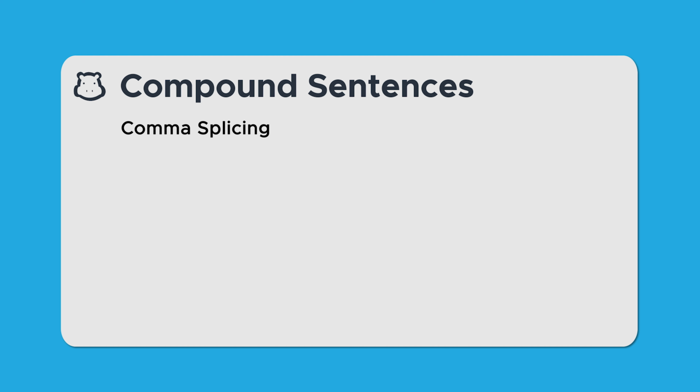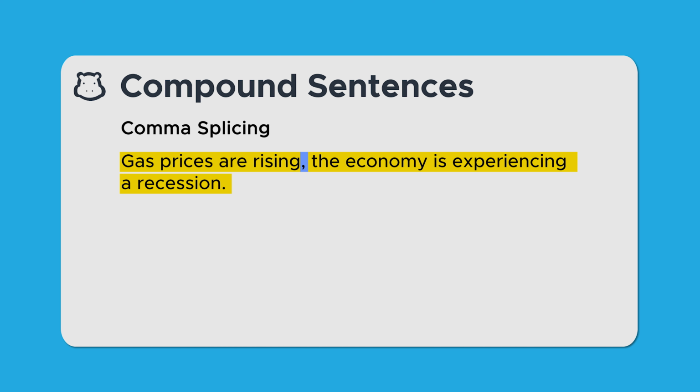Now, another common error is using commas inappropriately to separate two independent clauses. Let's see an example. Gas prices are rising, the economy is experiencing a recession. This is called comma splicing. It's when a comma is used to separate two independent clauses in the same sentence. We can't do that.